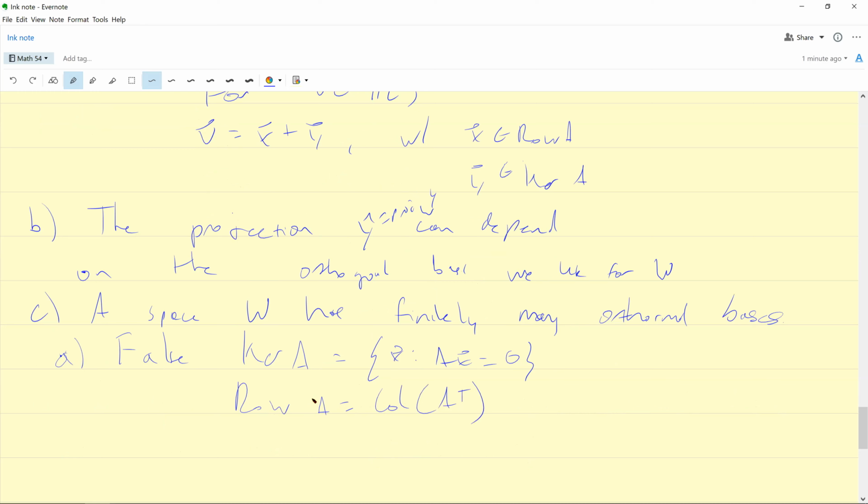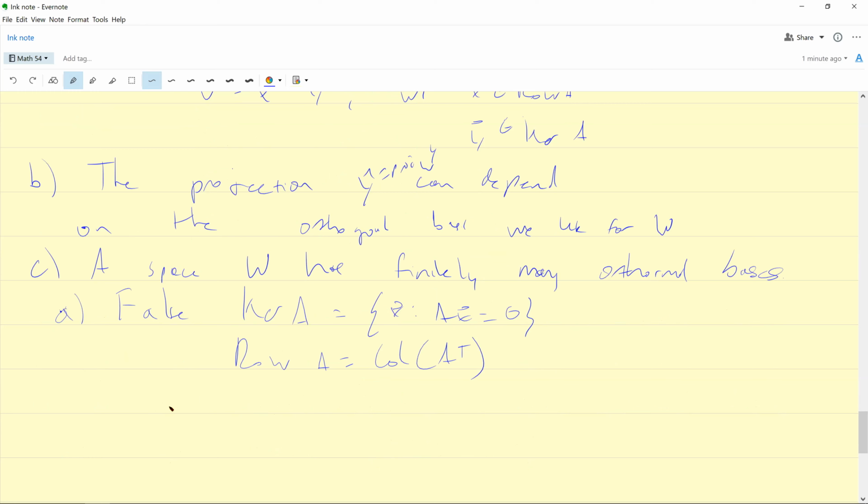There's a couple of different ways to think about this. But earlier in lecture, we went through this proof that says that these aren't the same thing. What's going to happen is that they're orthogonal complements of each other. Then it should be true.